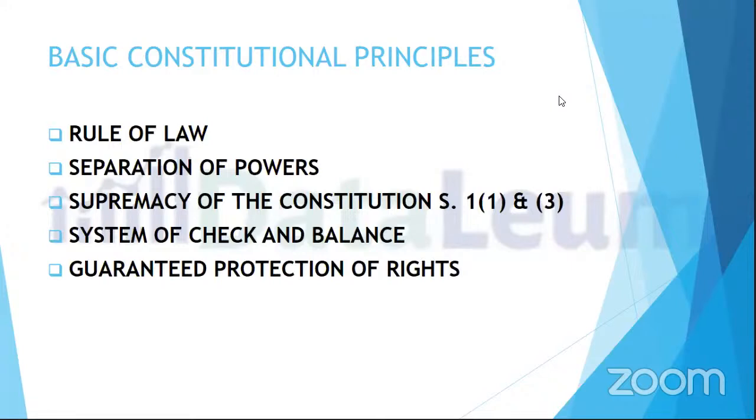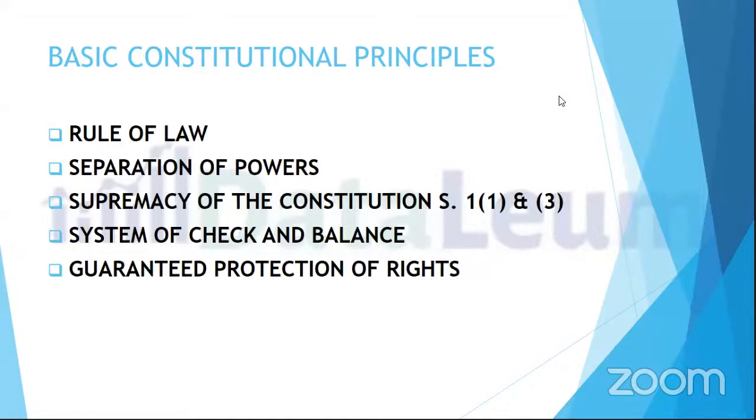So this shows you that the Constitution is like the eyes of every law, the zenith, the apex point. So every other law that does not tally with the Constitution, to the extent of that discrepancy, is invalid.